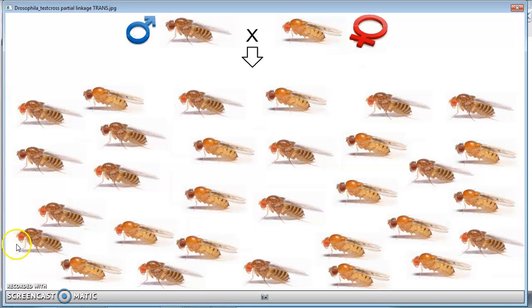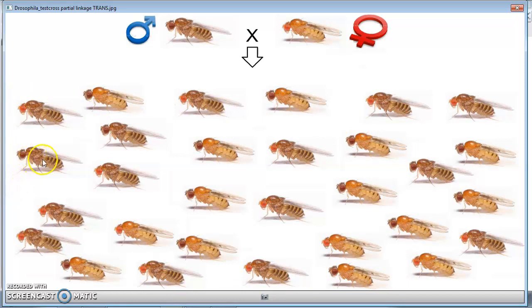So the highest frequency will be these types of Drosophila, which join a recessive trait for the eyes and the dominant trait for the body. They constitute 12 of the offsprings.